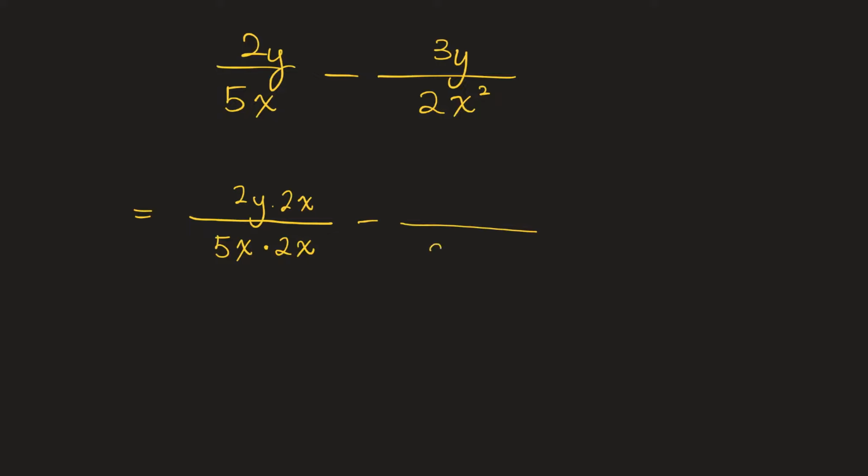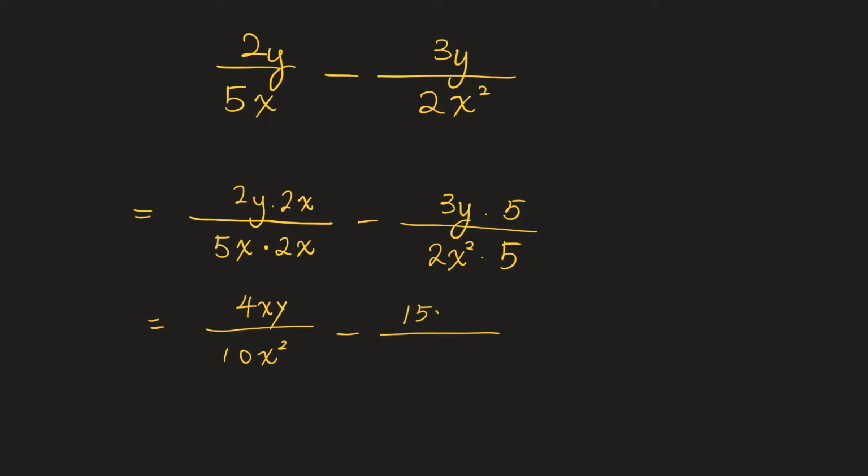For the previous one you have 2x squared times 5, and here 3y times 5. That is why you have 10x squared, here 4xy. And for this one, you have 15y and 10x squared. So you can have your answer to be this. So just make sure that you know how to do the simplification for this one.